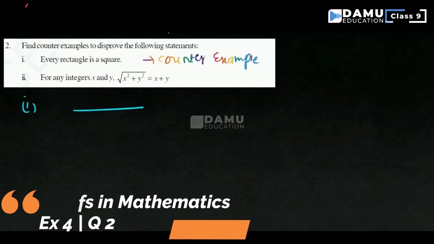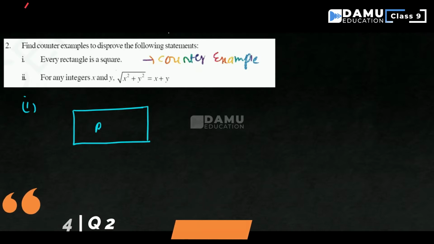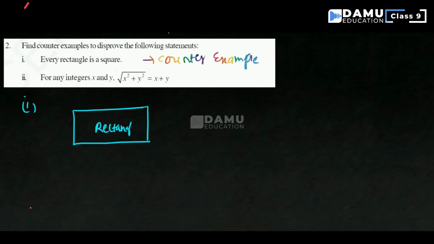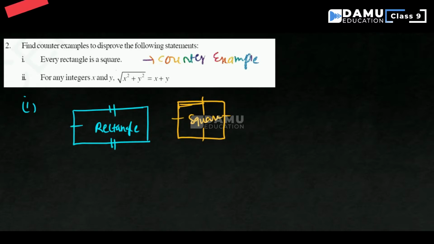So let's start. Every rectangle, this is a rectangle, and what they are saying here is every rectangle is a square. In a square all the sides are equal, so this is a square. In a rectangle only opposite sides are equal, even though it will have 90 degrees at the corners.